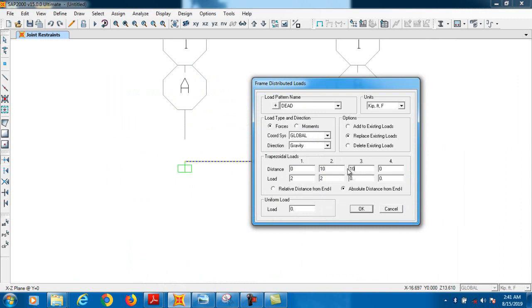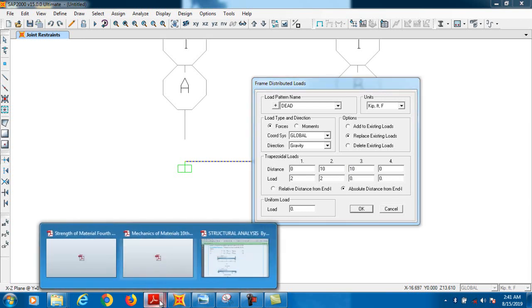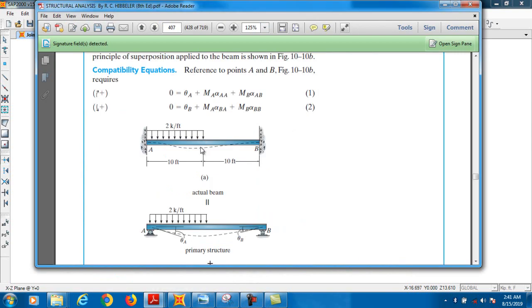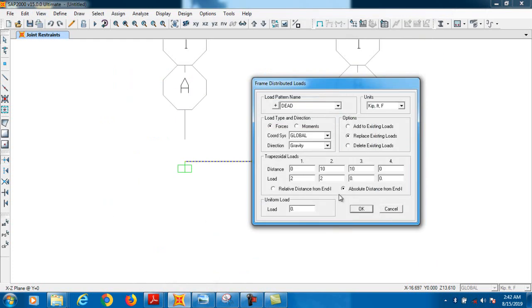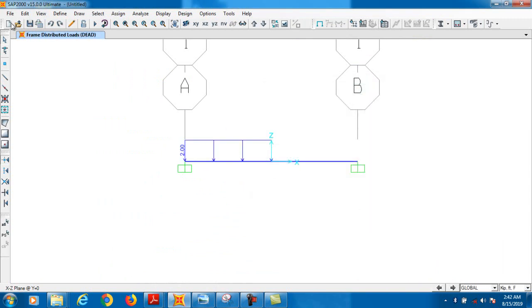This is right at the half point, the midpoint. On the left side of the midpoint you have UDL, but on the right side there is no loading. This is the loading.